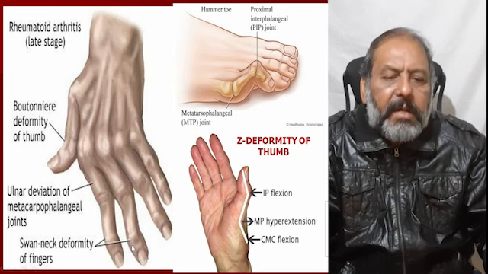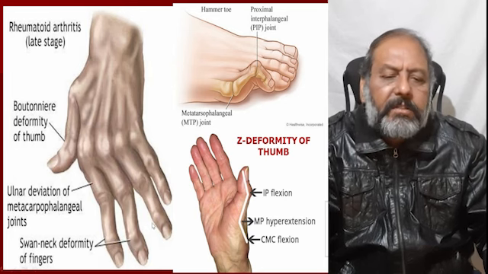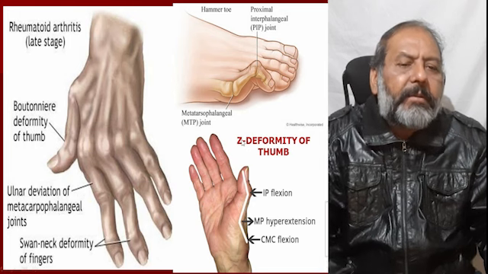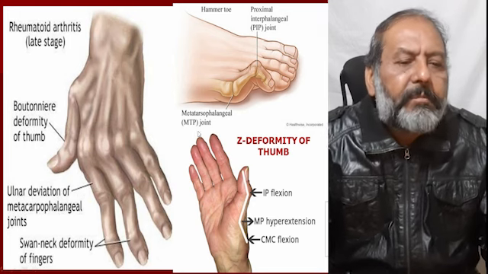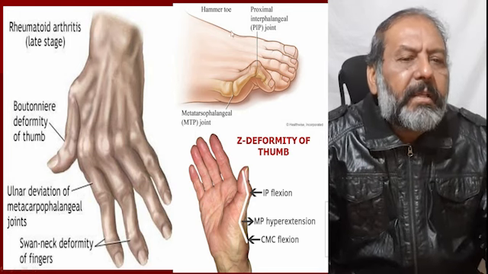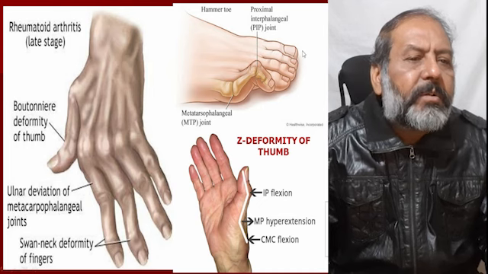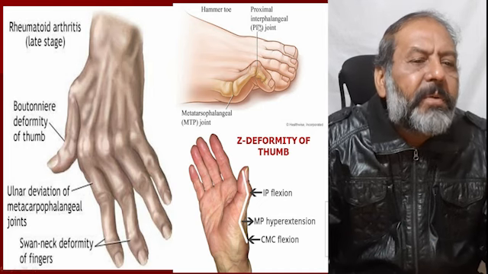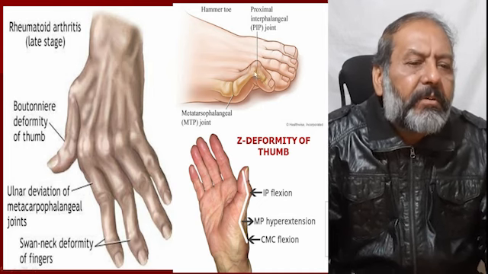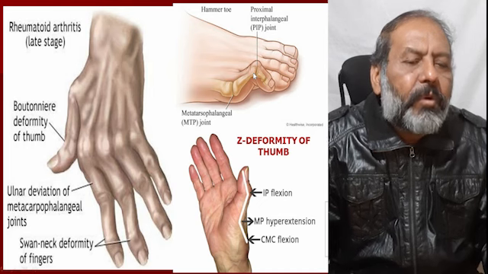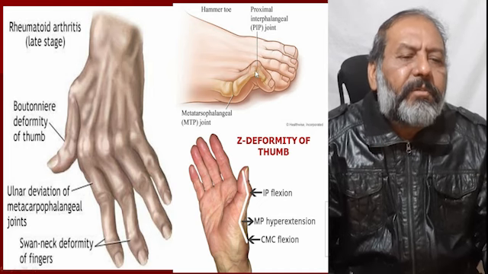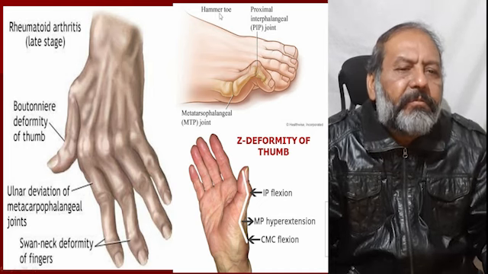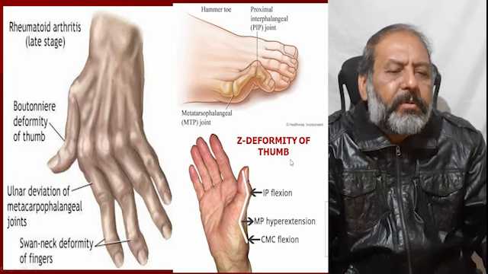One can also see the interphalangeal joints are involved. And there is the metacarpophalangeal joint, and the proximal interphalangeal joint of the finger is involved, and that flexion causes the appearance of the hemato deformity.